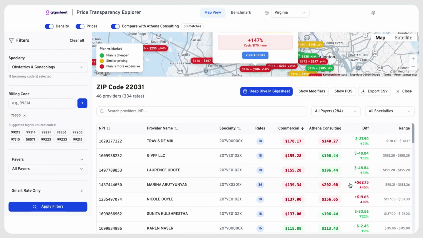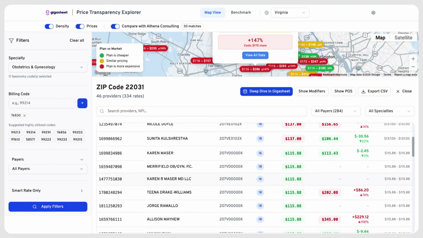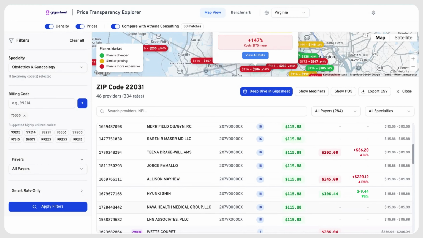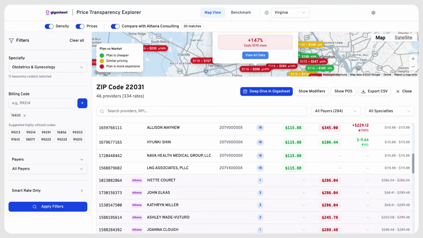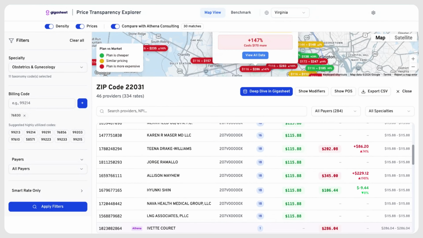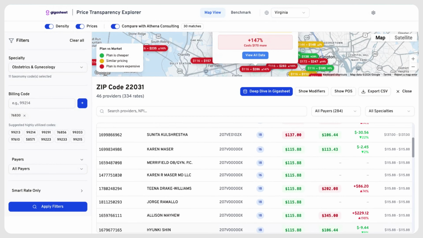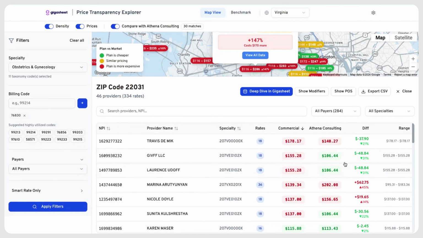But you can see here that when we dig into the data, it tells more of the story, where some of these providers are actually a lot cheaper in the Athena Consulting self-funded plan than they are in the Aetna plan, but some of them are very expensive. This is where care navigation and steering people to high quality care becomes important, because we can definitely see here for an ultrasound that there is quite an array of prices even within the Athena network. So not even comparing across plans, but just looking at it that way.